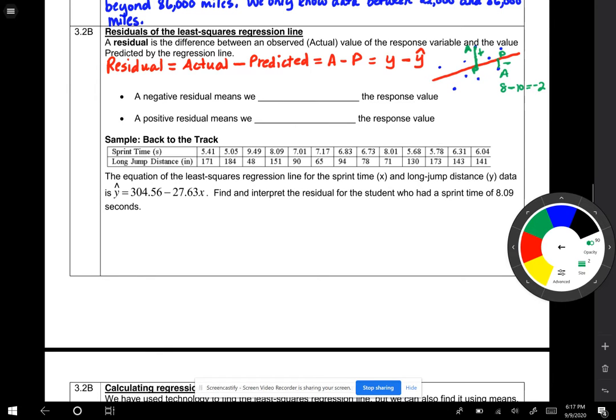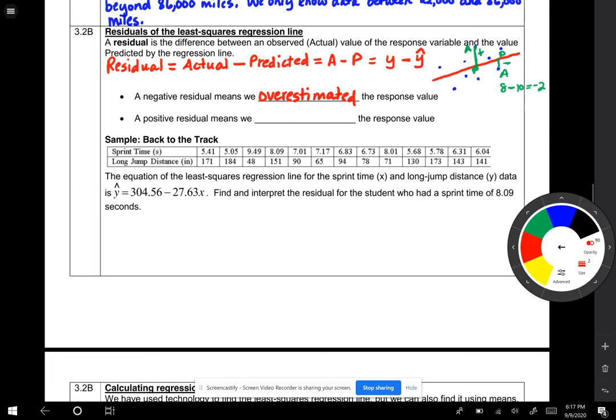So how do we interpret the negative residual and the positive residual? A negative residual means we overestimated the response value, and that makes sense because we get a negative value and the predicted is bigger than the actual value.